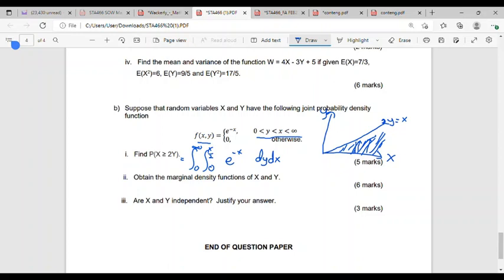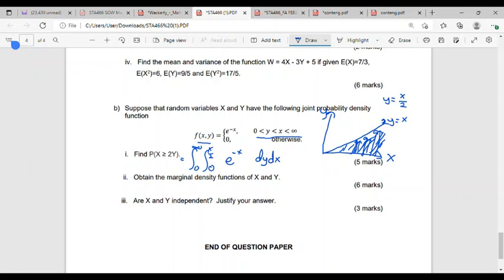Okay, so it is the same as y equal to x over 2. So now we want to do dy dx. So y, this space, y from 0 until this line. This line is the line y equal to x over 2. So because of that, 0 to x over 2. And the outer limit will cover everything, 0 to infinity.